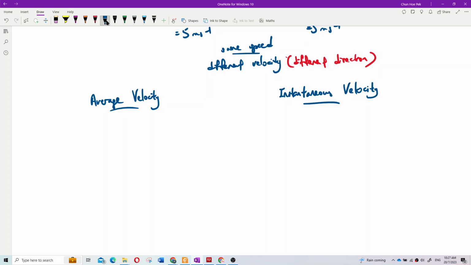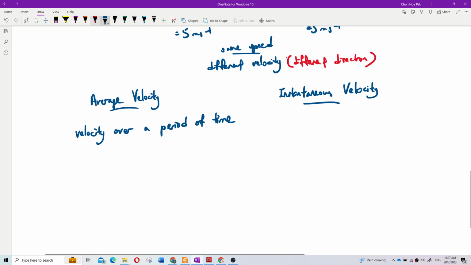Maksud ini ialah this is velocity over a period of time. I suka guna bahasa saya lah. Over a time interval. Tahu interval? Time interval ada satu julat masa.